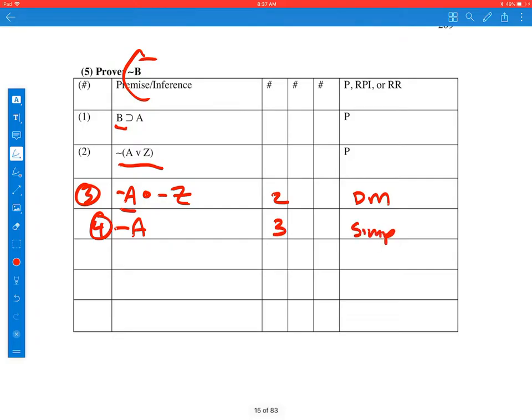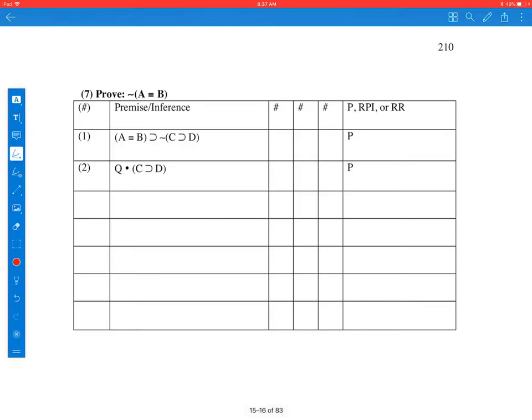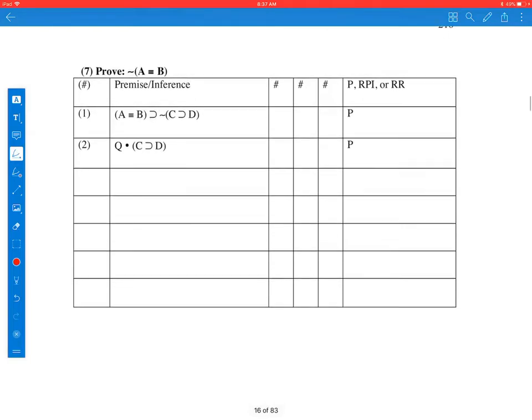So 4 is not A from 3 by simplification. And now if you look at 1 and 4, we can do a modus tollens and get our not B, 1, 4 modus tollens. Okay, one more and then we'll take a break.